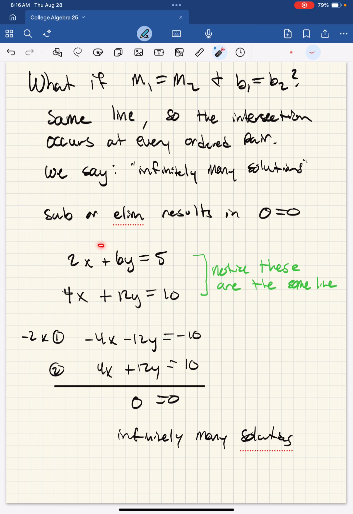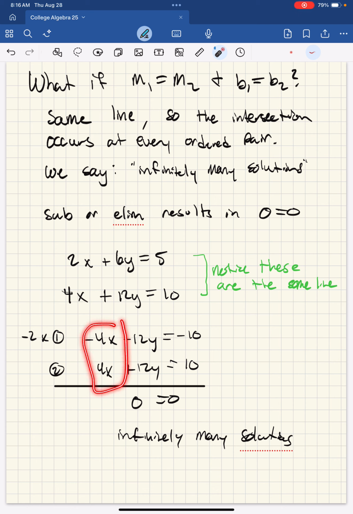So here in this system, I have 2x plus 6y equals 5, 4x plus 12y equals 10. Once you've done a few of these, you can probably pretty easily notice that these are the same line. Now, to verify that, if I begin my process of elimination and I multiply equation 1 by -2, I get -4x, and in equation 2, I have a positive 4x.